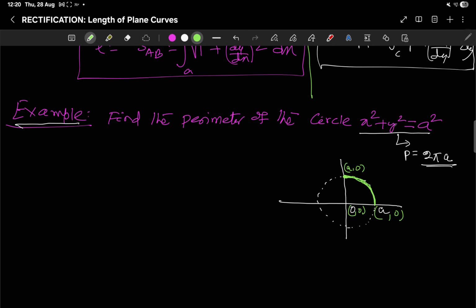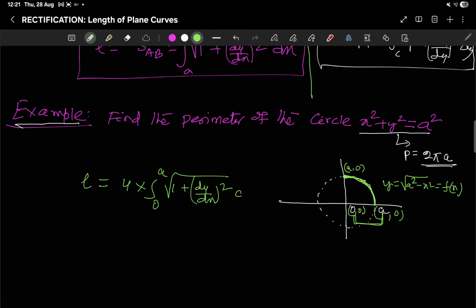So what is my y = f(x)? My y will be the square root of a squared minus x squared, that is my f(x) here. So what is my length here? The length of the arc here is 4 times the integral, with the limit of x from 0 to a, of the square root of 1 plus (dy/dx) squared, dx.